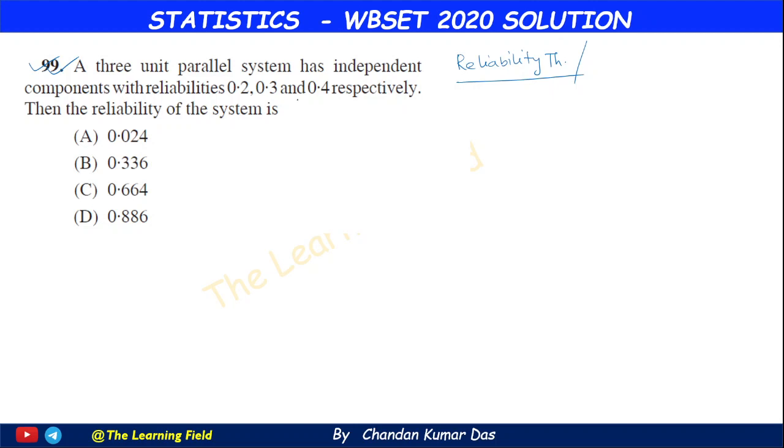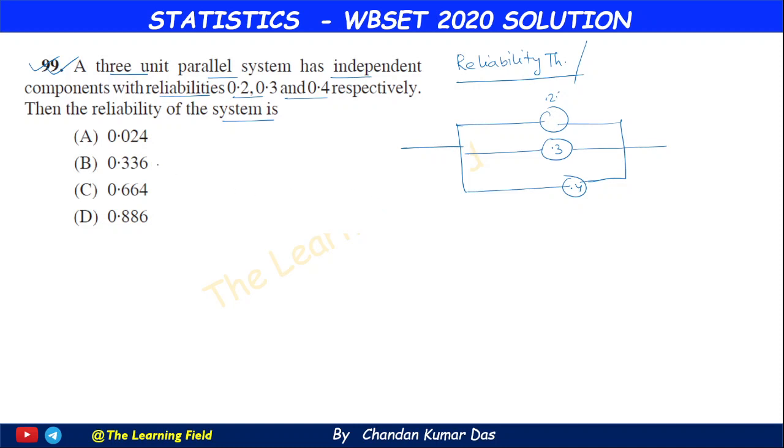The question says that a 3-unit parallel system has independent components with reliability 0.2, 0.3 and 0.4 respectively. Then the reliability of the system is... this says that it is a parallel system, we all know this type of function is the parallel system. Suppose these are the reliabilities 0.2, 0.3 and 0.4.